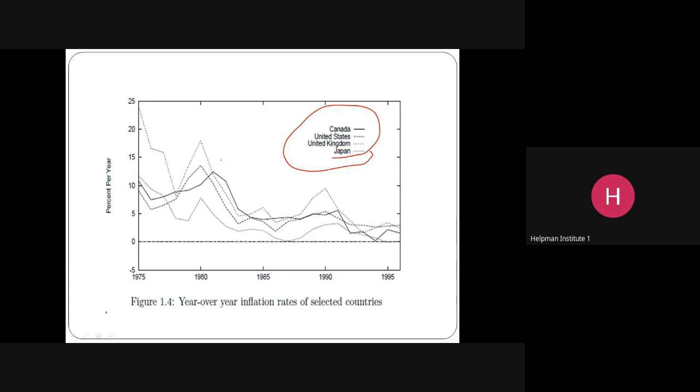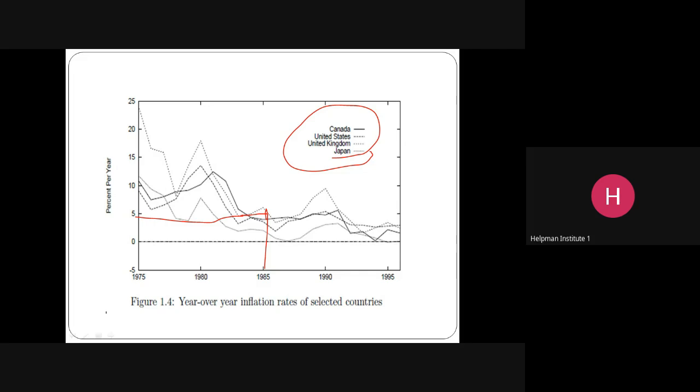So, for instance, if we want to know what happened to the inflation rate in Canada in 1985, we can look at the percent per year and then check the year. Say, for instance, 1985: we know that there was about 5% inflation rate here for the United Kingdom, and so on.